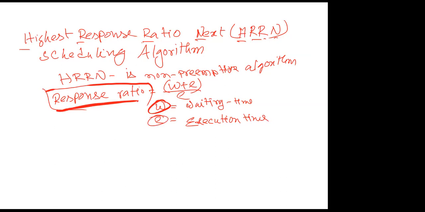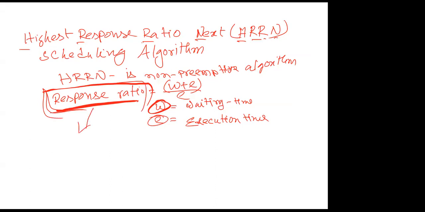Now let's see how it works. After calculating the response ratio among the available processes inside the RAM or memory, the process with the largest response ratio will be scheduled first.